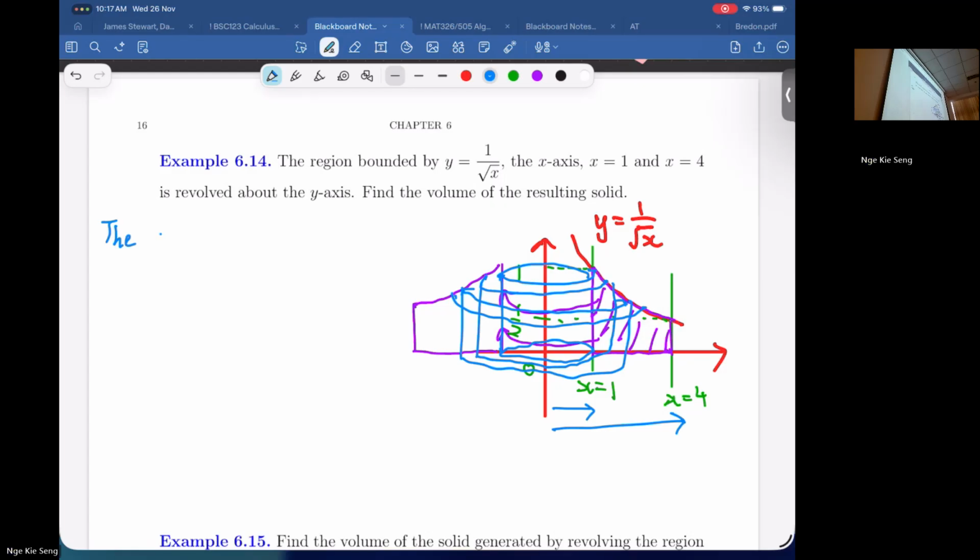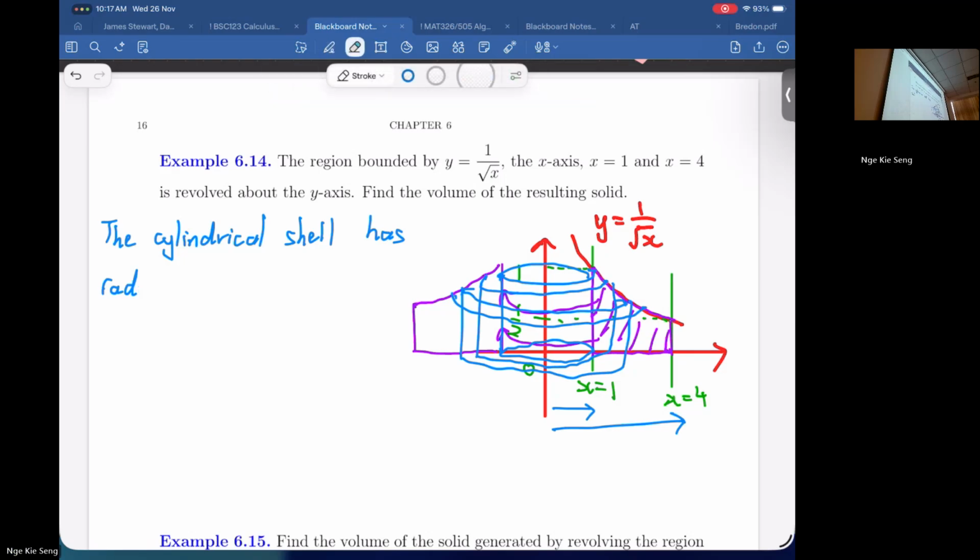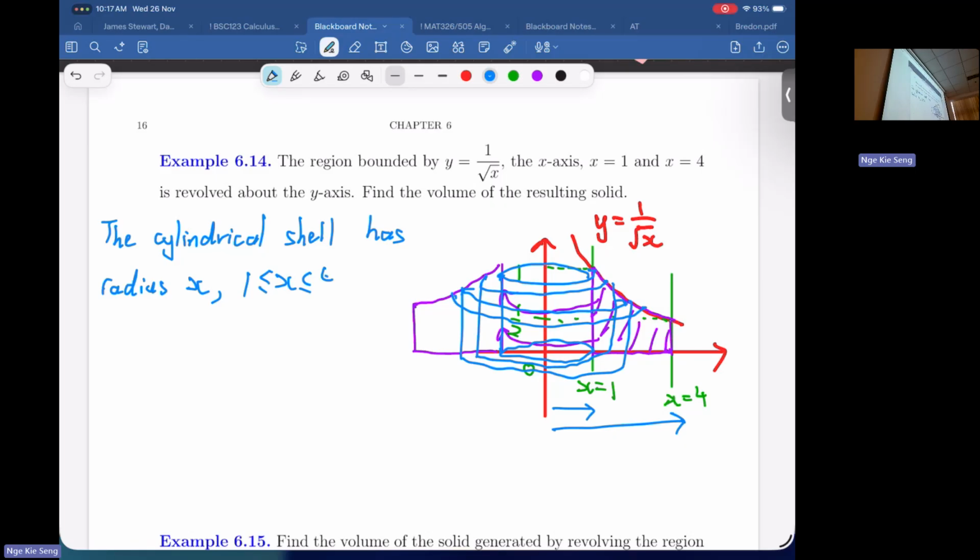So the cylindrical shell has radius x, where x ranges from 1 to 4, and the height depends on your y, so y equals 1 over square root of x.